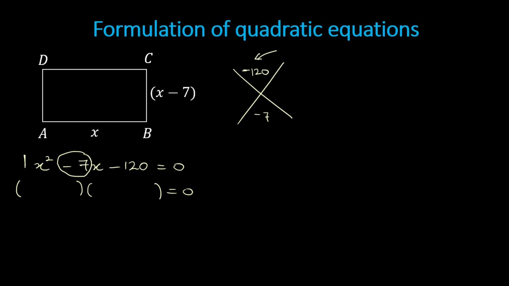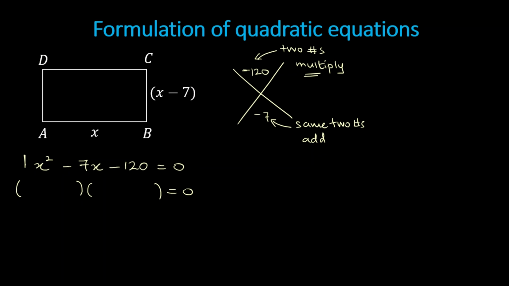Now we have to think of two numbers which, when we multiply, give negative 120, and the same two numbers, when we add, give negative 7. So what are these numbers? Let us consider multiplication first.